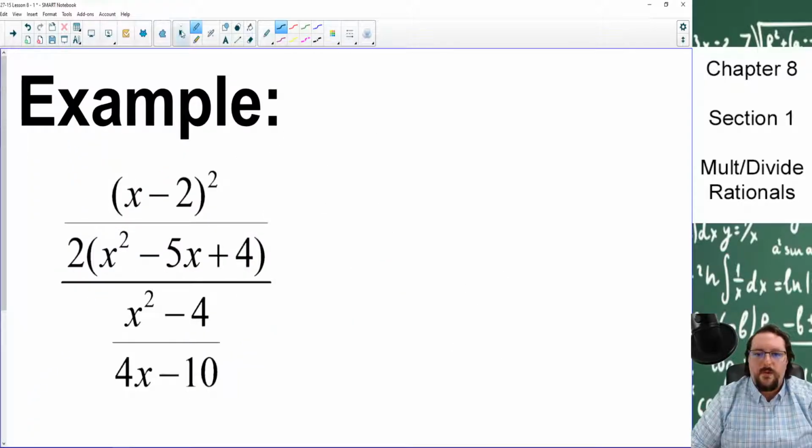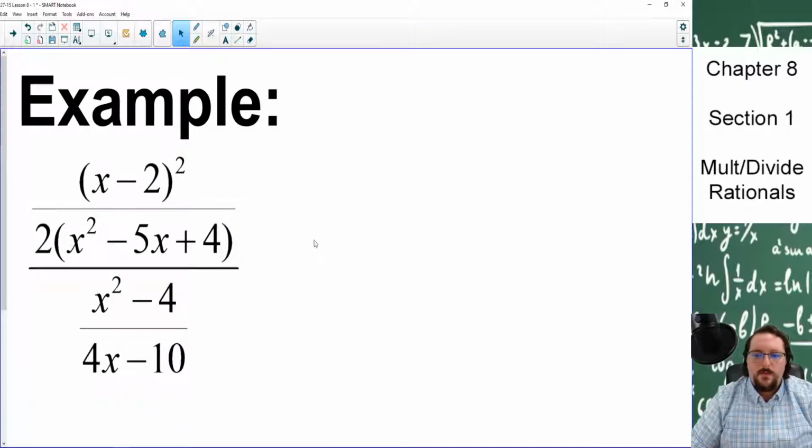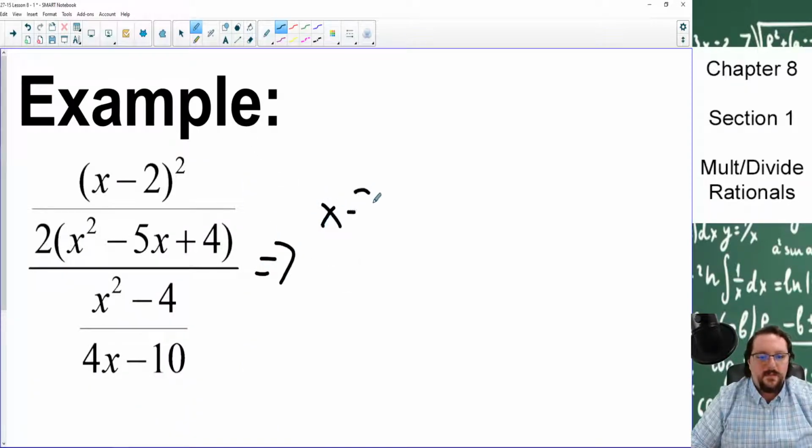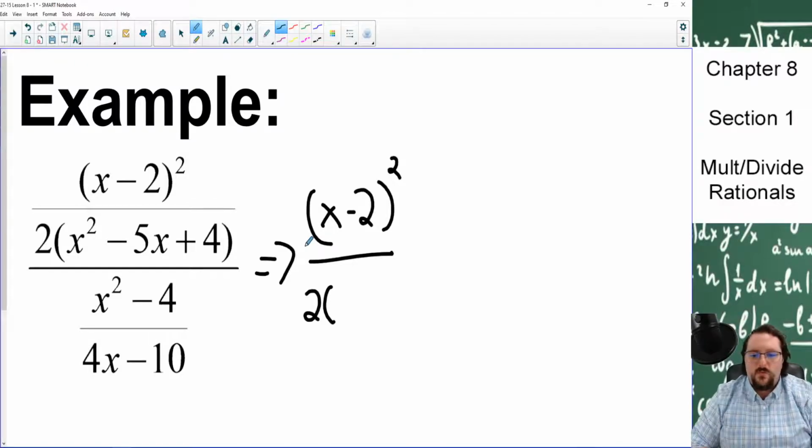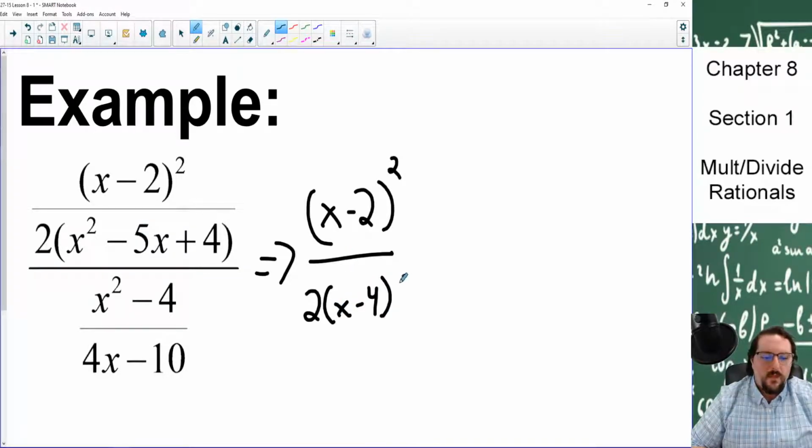Let's do one last one. So again, this implies the top bit, x minus 2 squared over 2 times, and we can go ahead and factor this since we're looking at it. If I think of things that multiply to positive 4 and add to negative 5, I would think of x minus 4 and x minus 1. We're going to divide all that by x squared minus 4 over 4x minus 10.